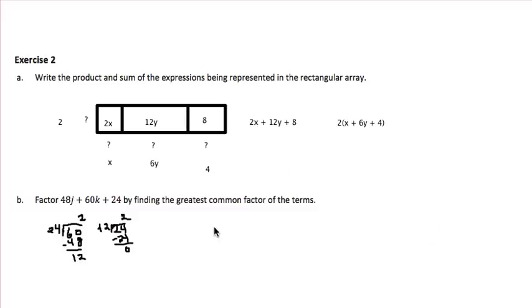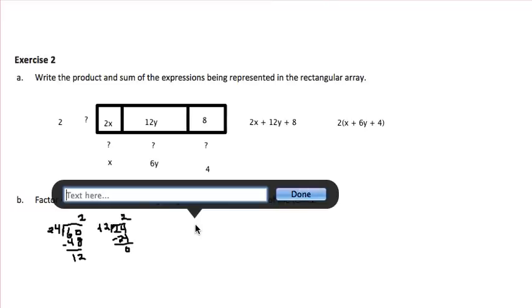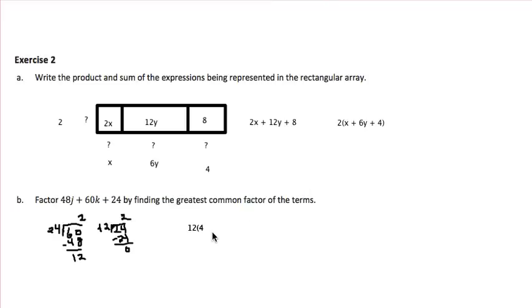So now that we have the greatest common factor, what we'll do then is factor it out. 12 is our greatest common factor, and 12 times 4j is 48j.